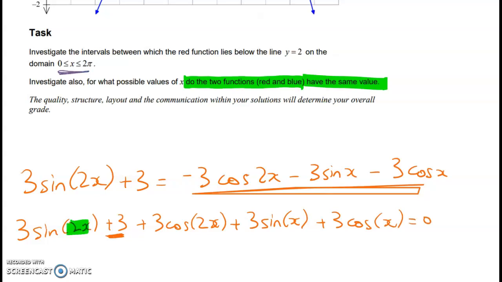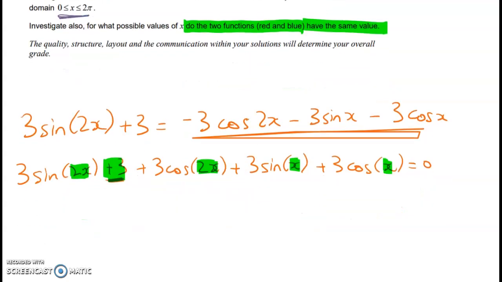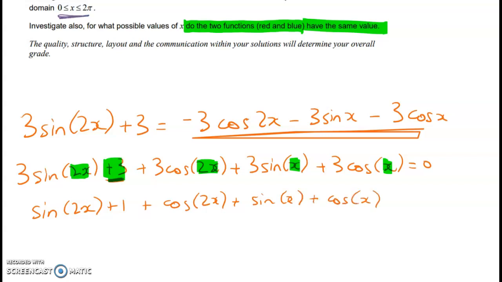Well, I'm not happy that I've got 2x here, but that I've got x here and here. I also don't like having a constant plonked in there, but I'm kind of hoping that if I choose wisely, that might go away. The other thing that I notice in there is that I've got a common factor of 3 right through, so I'm going to start by just dividing that through. So sine of 2x plus 1 plus cos of 2x plus sine of x plus cos of x is equal to 0. Okay, so I've got you that far.